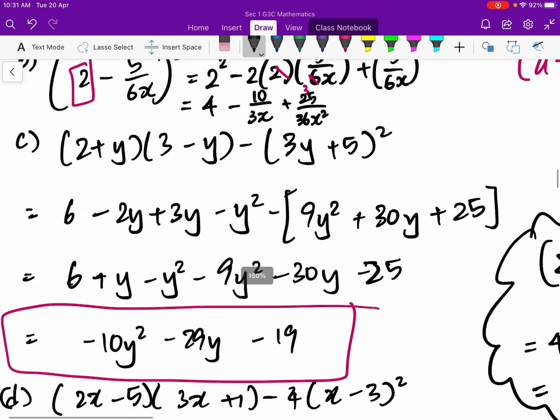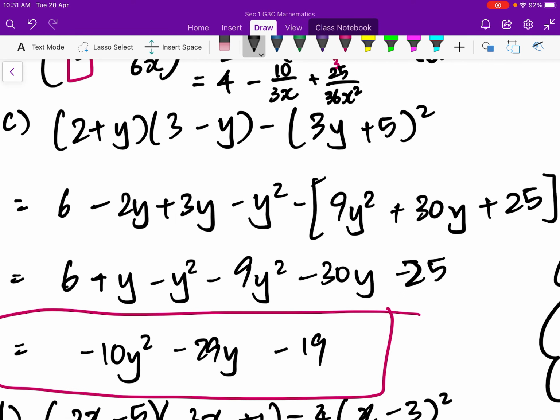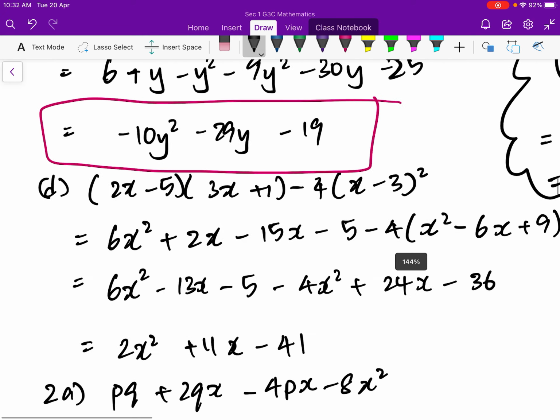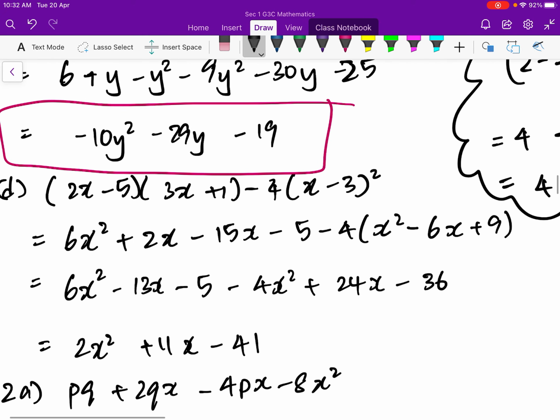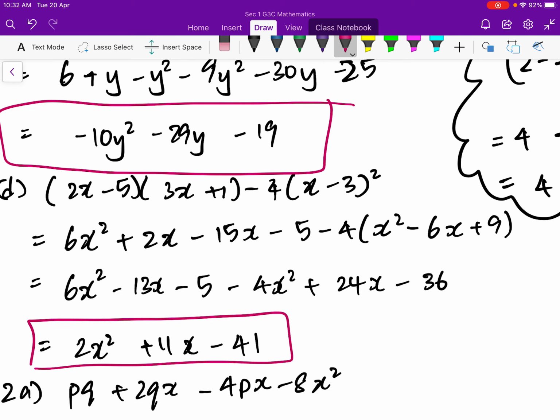Okay, so next one, part C. Anybody needs to go through part C? No need, Jiaxin, okay? Then the final one, part D. This is our final answer. So just expand. Just be very careful.